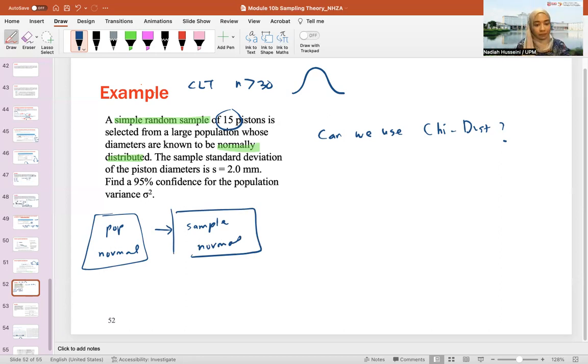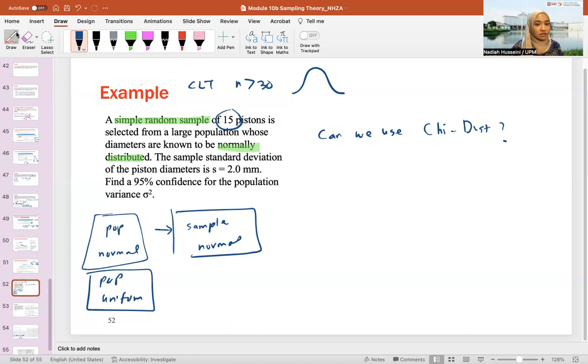Okay, so remember, if your population is normal, your sample is normal, even though it does not satisfy the central limit theorem. If your population is not normal, for example, it follows a uniform something distribution, remember that we had something like this. Let's say it follows this. This is the population. We take a sample out of this population. It's not a normal distribution. It's something else. So the central limit theorem said, we don't care about that.